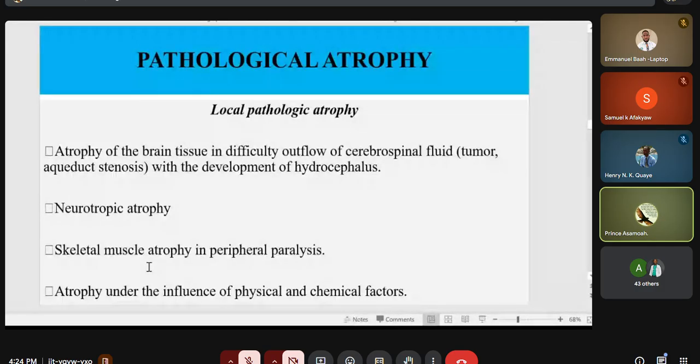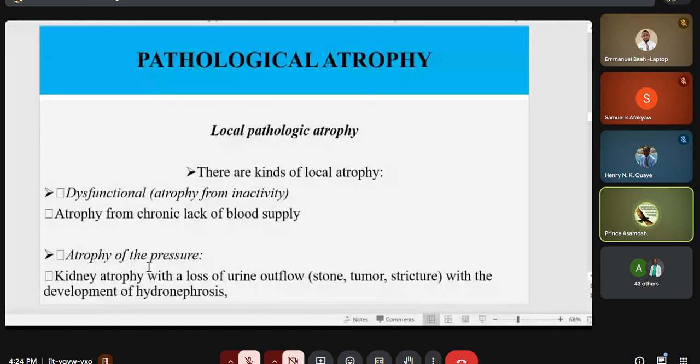Okay. So let's understand pathological atrophy in this way. Pathological atrophy is usually when the body tries to preserve the integrity of the cell from further harm, especially when injury has already set in.